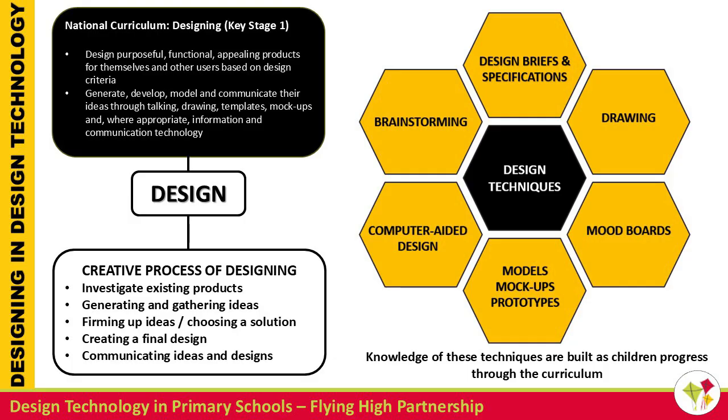These 6 techniques are using design briefs and design specifications when designing a product, drawing to communicate design ideas, using mood boards to develop ideas and designs for a product, making models, mock-ups and prototypes as part of the design process, using computer software when designing, and brainstorming as a technique to develop and share ideas when designing.